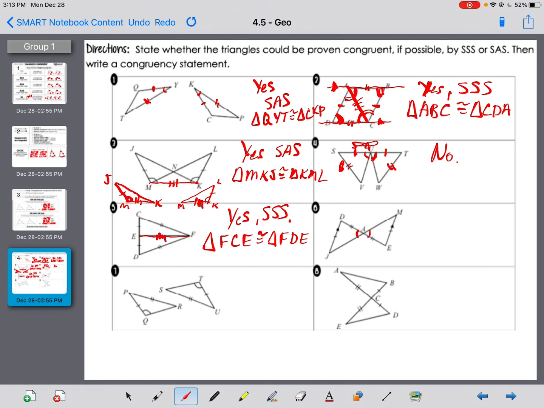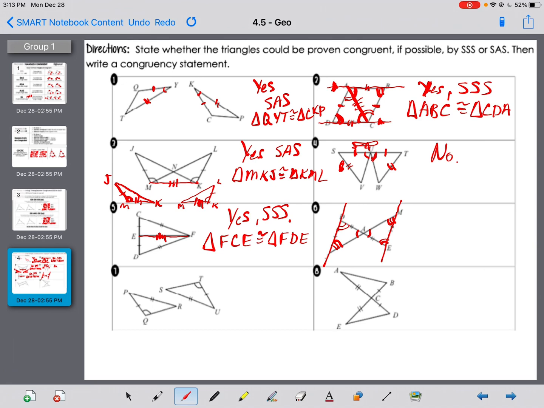Number 6. Now in here we know that this angle and that angle are congruent because of vertical angles. And we know a side. Now we know these are parallel. That means that this angle and that angle are congruent because alternate interior angles, and this angle and that angle are congruent because of alternate interior angles.